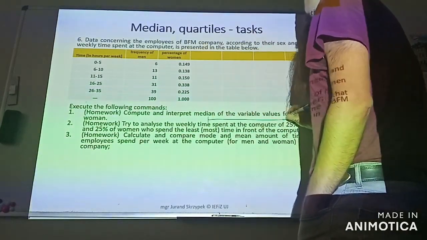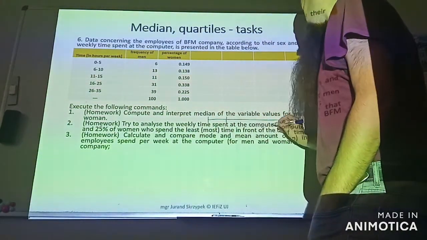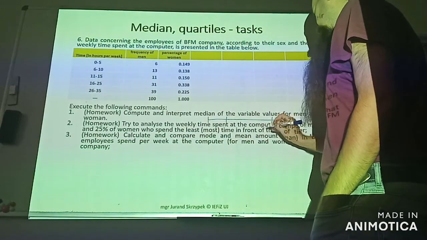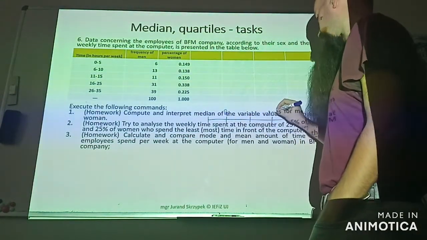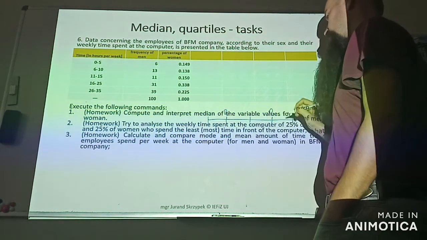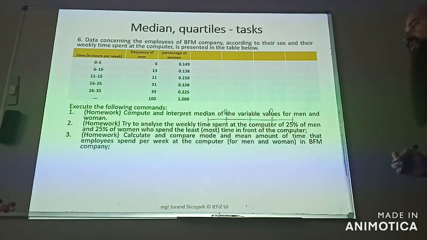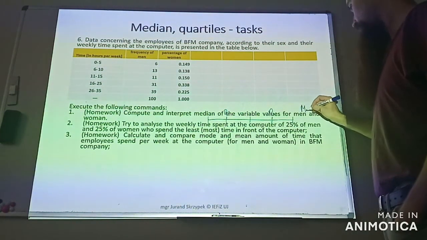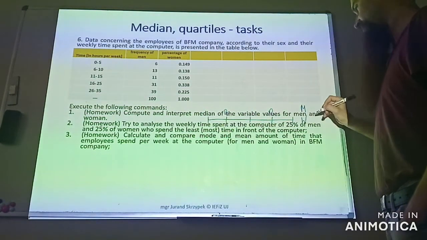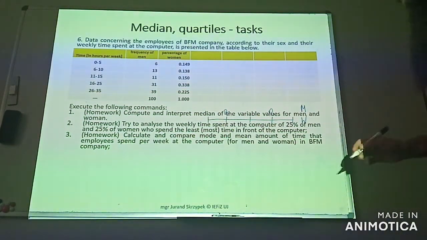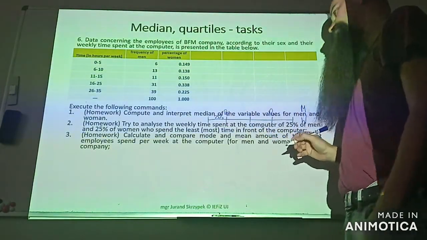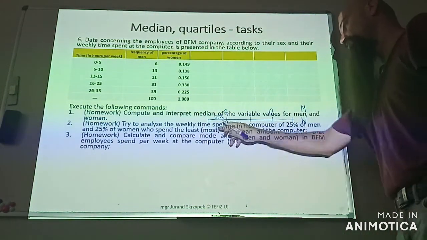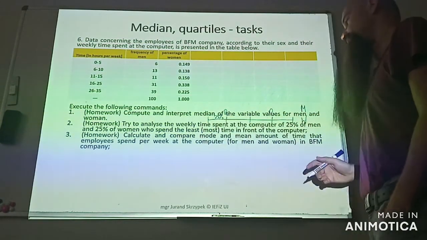So here you have been asked to find first and the third quartile for women and men. Yeah? Here we have the group of 25% of men or women who spend the least time in the computer.